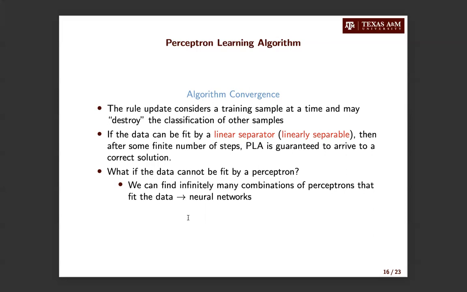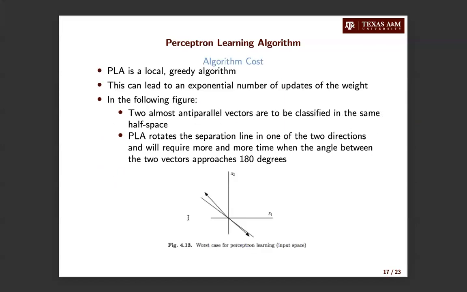However, if our data is not linearly separable, then our algorithm will not be able to classify all the samples correctly, and potentially we would need some non-linear classifiers to successfully conduct this classification task. A potential way to achieve this is by combining multiple perceptrons that can fit our data in a better way, which is the foundation behind neural networks, which we are going to see in our next classes.